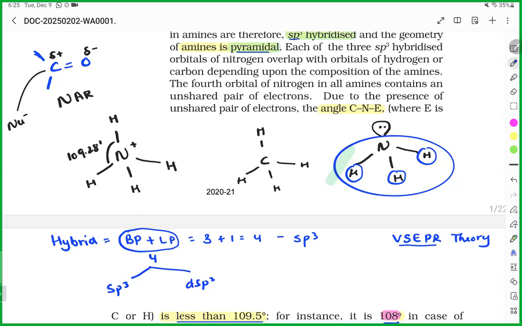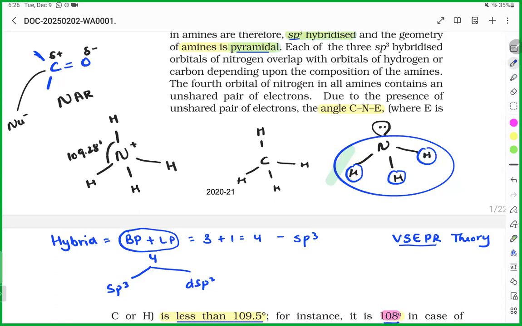Chandana, according to VSEPR theory, what is the impact of the presence of lone pair? About repulsion and bond angle. So bond angle decreases.